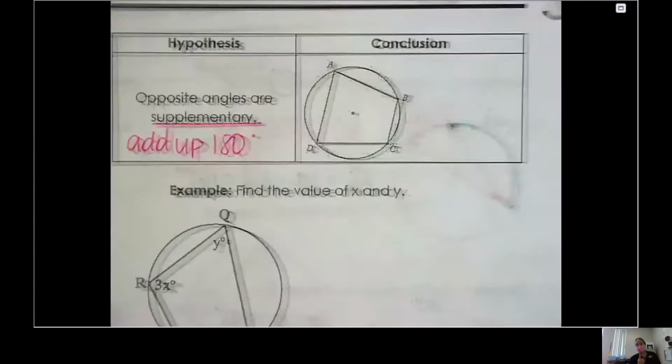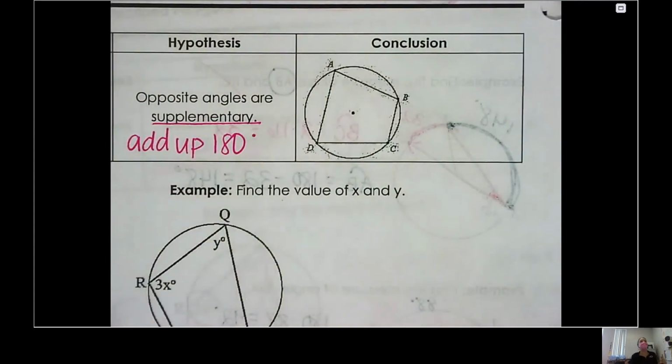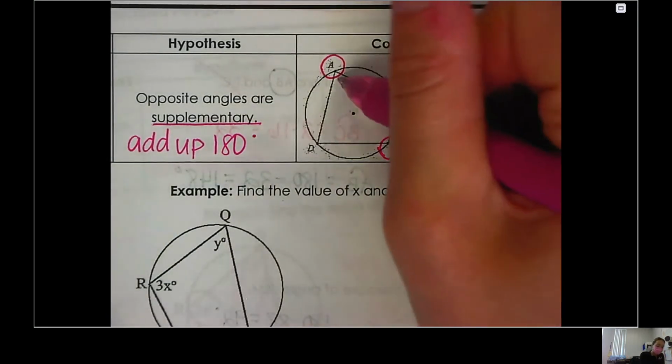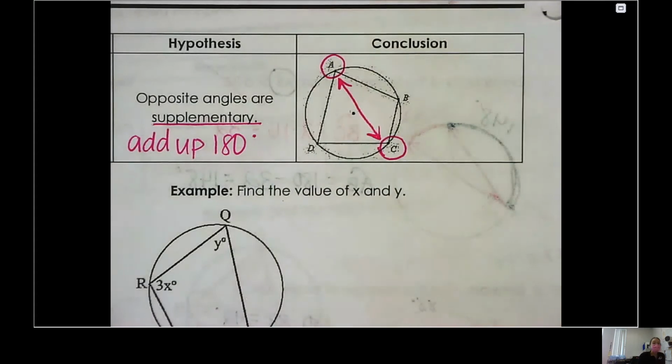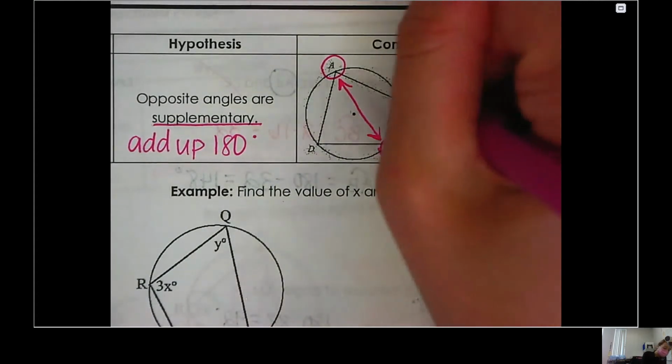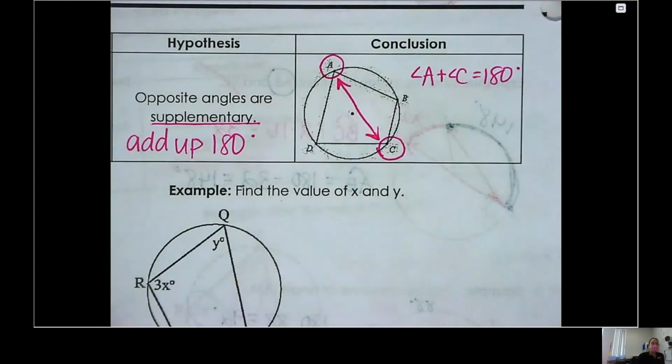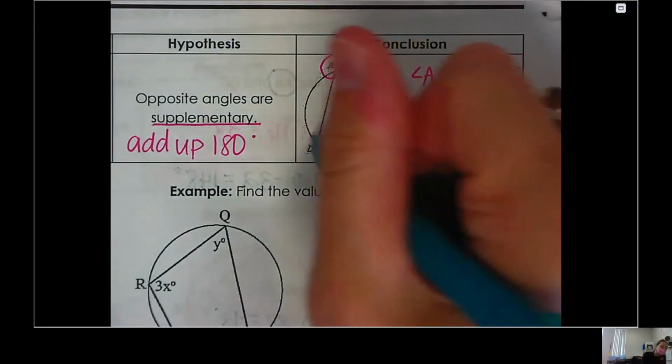So if you look at this picture, angles that are opposite, like across from each other, should add up to be 180 degrees. So angle A and angle C are opposite. If you add angle A plus angle C, you should get 180. Same thing should happen with the other two.